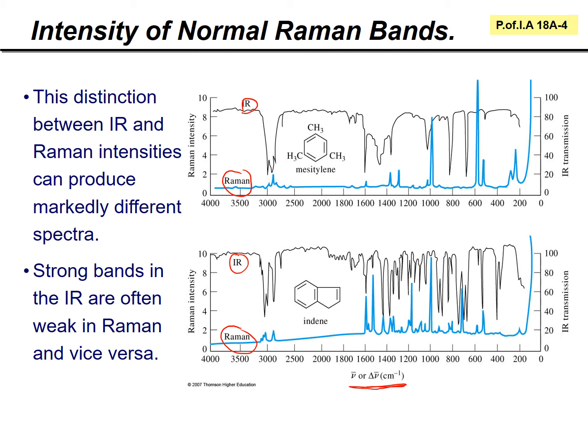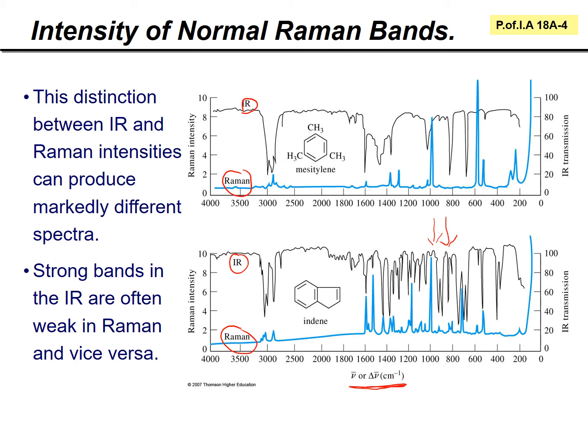Just by looking at them, we can see lots of examples of where this complementarity comes in. There's a good one here at about 1,000 wave numbers for indene. We have a vibration which gives a very good Raman signal, barely shows in infrared. And likewise, right next to it, there's a bunch of infrared signals which are not appearing in Raman.